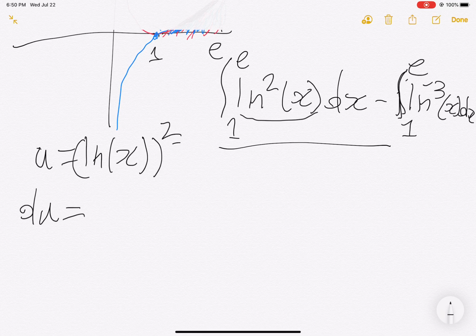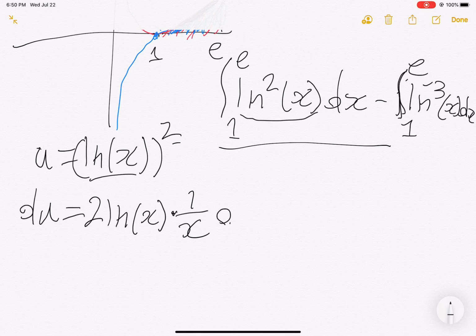The 2 comes down, so n x to the n minus 1 power, so 2 times ln of x, then times the derivative of the inside, which is just 1 over x. Okay, and that should be it for the du, and obviously we have dx here.